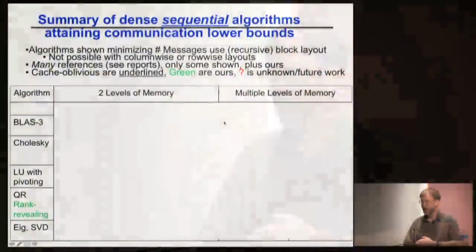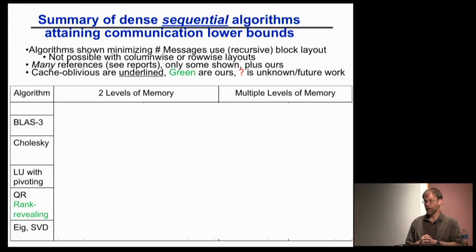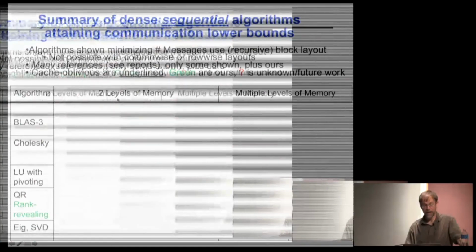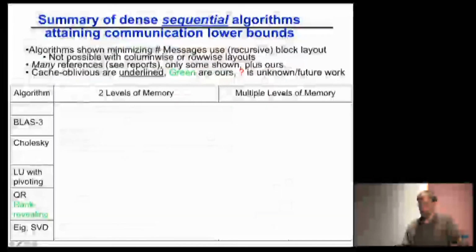Okay, so now let me summarize the rest of linear algebra in one table, sort of tell you what we think we know. And so I'm going to have one table for what we think we know in the sequential case, and another table for what we think we know in the parallel case. And so what I'm going to do is tell you what algorithms exist that minimize communication, either for 2 levels of memory or for multiple levels of memory.